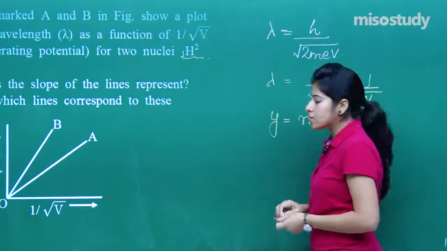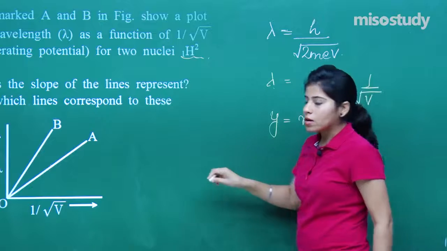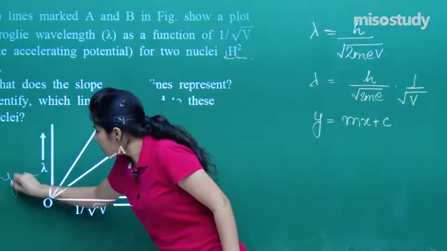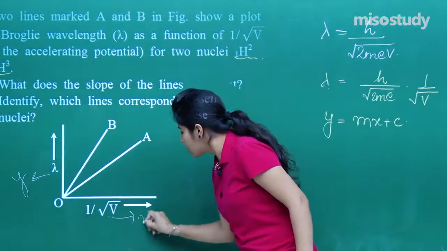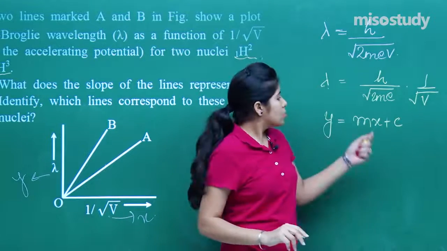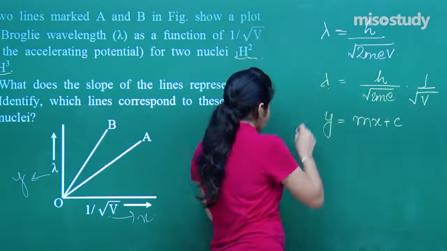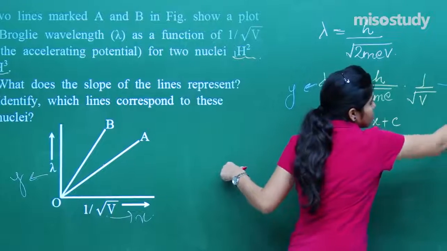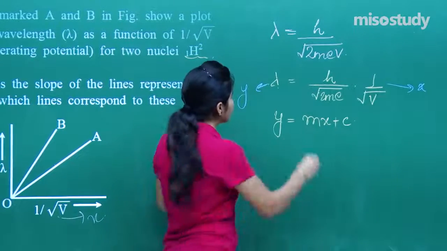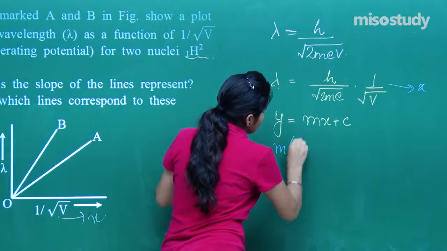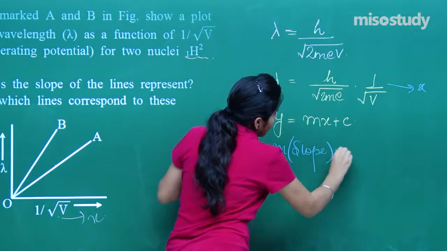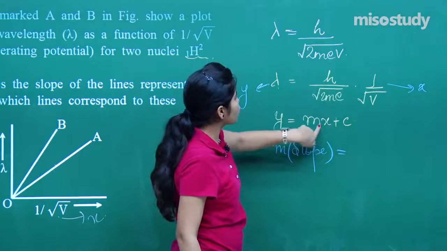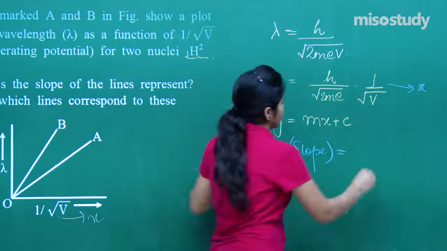On the y axis you have lambda, and on the x axis you have 1 by root V. So on comparing with this equation, your slope m comes out to be equal to h upon under root 2me.